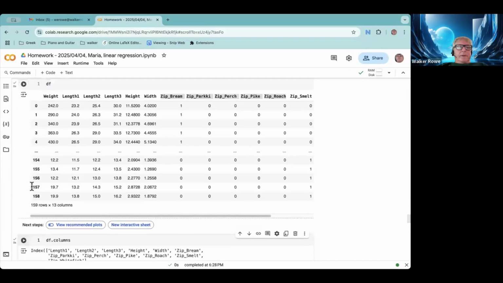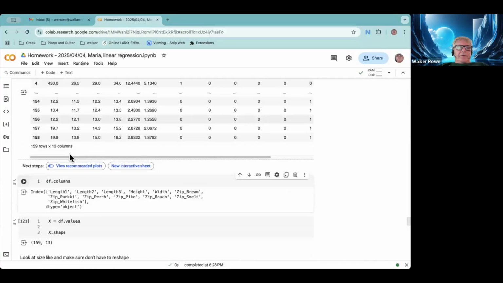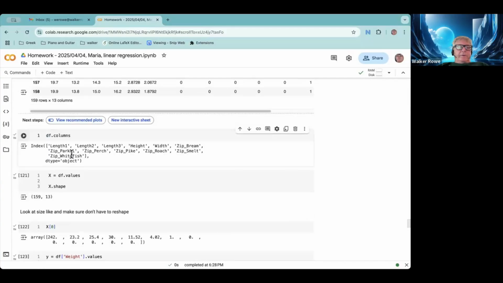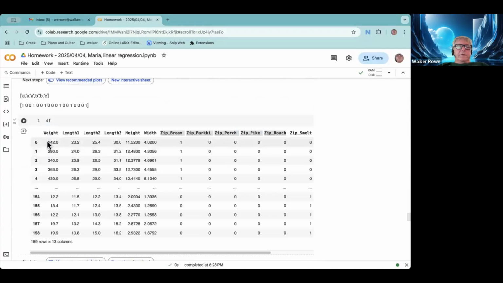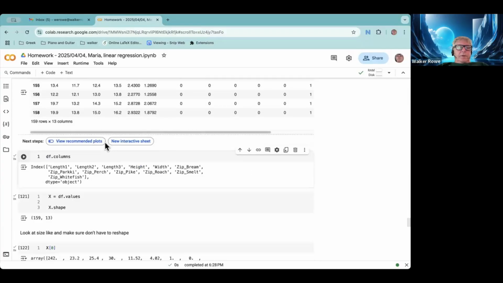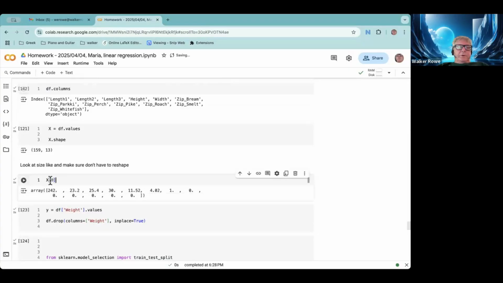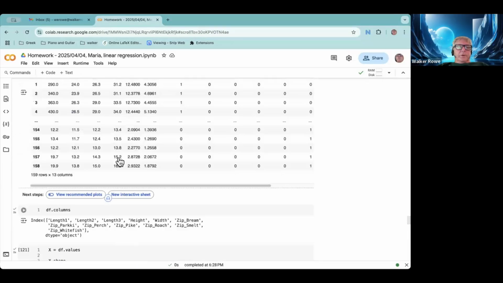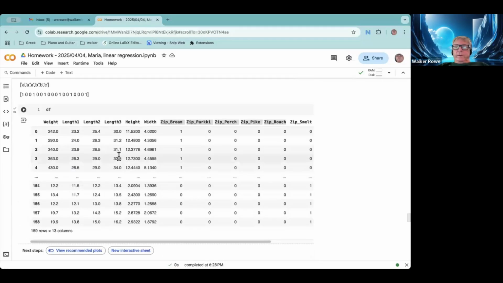Now, I just checked here to make sure I didn't get it backwards. So here, look, the first one says 242, 23, like this. So I did X0, show the first row. It's the same one, see? So I didn't rotate it or anything.